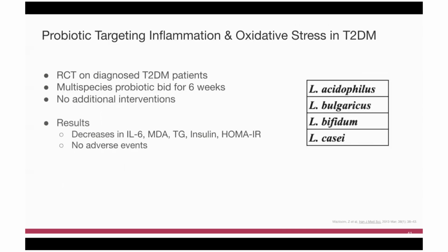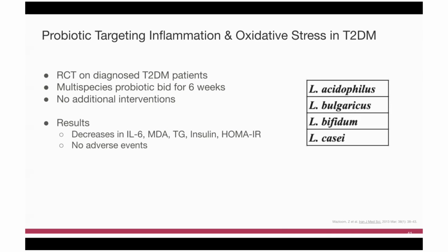This is another study looking at inflammation and oxidative stress in type 2 diabetics. I really like it because it looked at inflammatory markers in addition to other markers, and they were given this particular powder for 6 weeks. Again, no additional interventions.